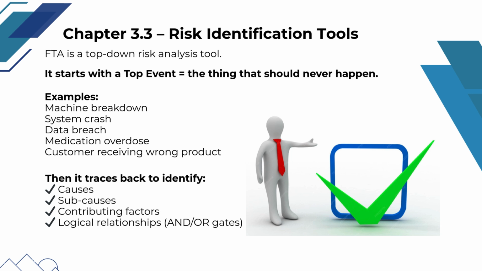This structured approach allows teams to visualize complex chains of failure, uncover hidden vulnerabilities, prioritize risks, and implement preventive measures, making it an essential tool for safety, reliability, and quality management across industries like manufacturing, healthcare, IT, and chemical processing.